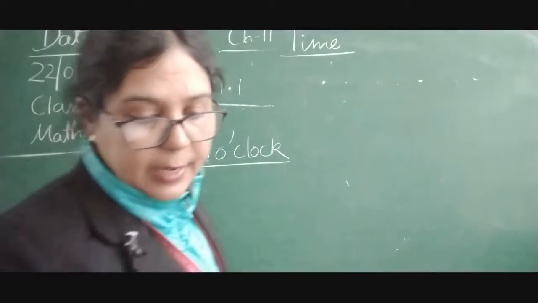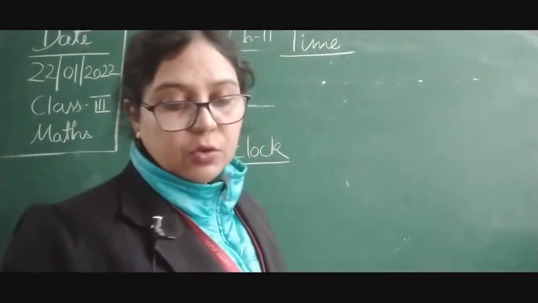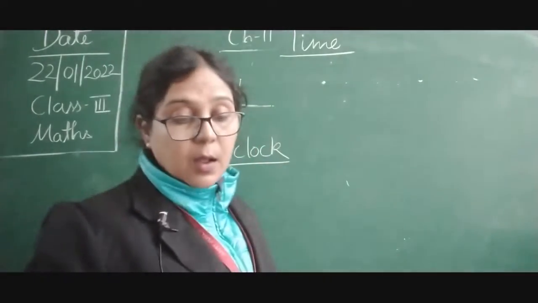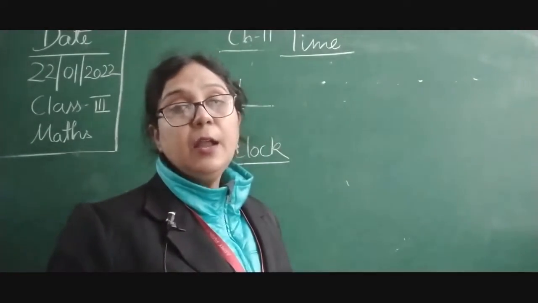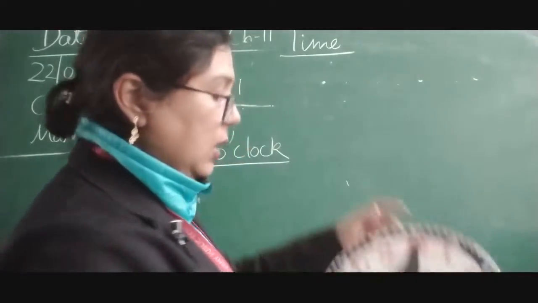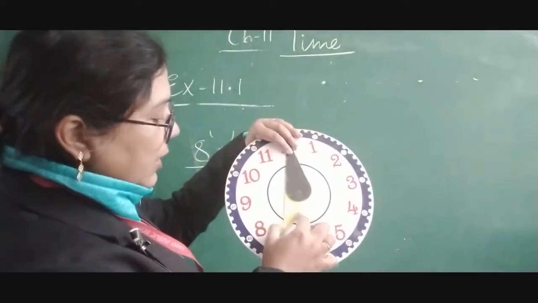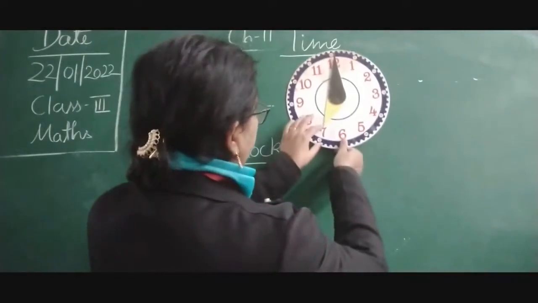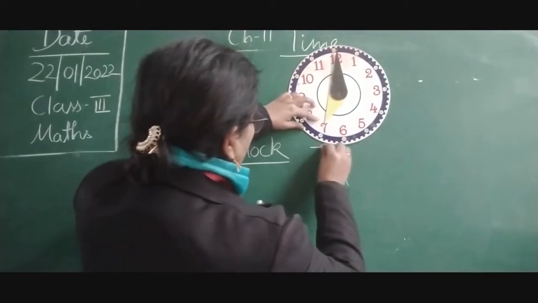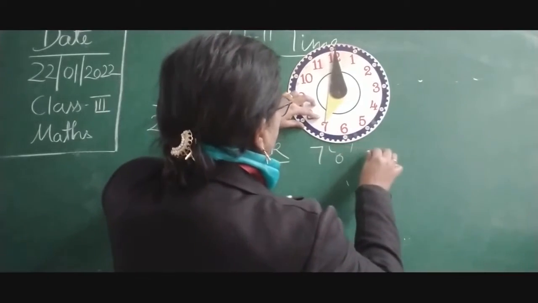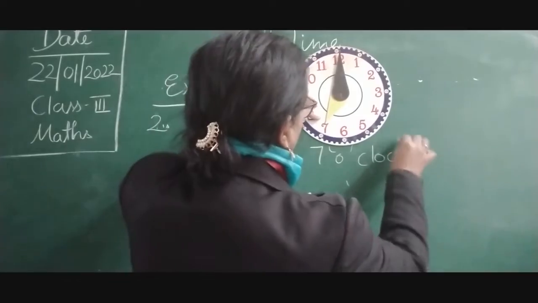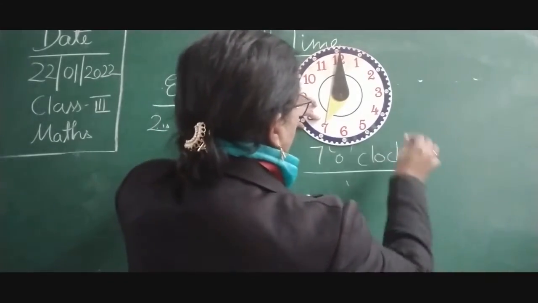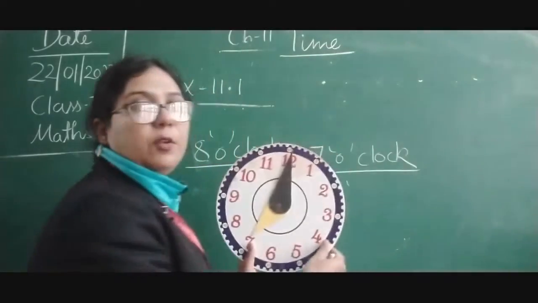Now children, our next is 7 o'clock. We have to show 1 hour earlier. 1 hour earlier it was 7 o'clock. So over here we will write 7 o'clock.